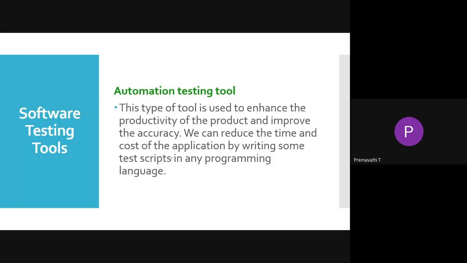This type of tool is used for improving the accuracy of your project. It also provides the accuracy of your quality; your product should be a quality product, and it also reduces the time to check all those things in a single tool.